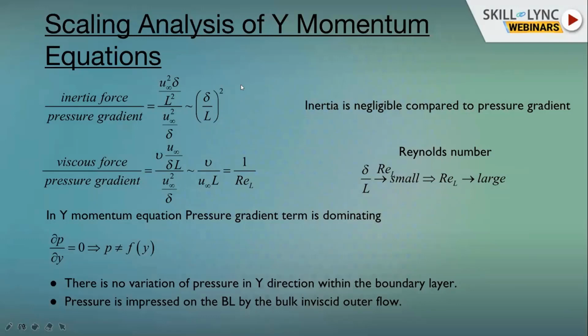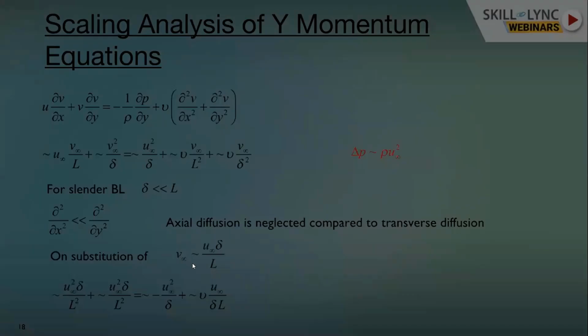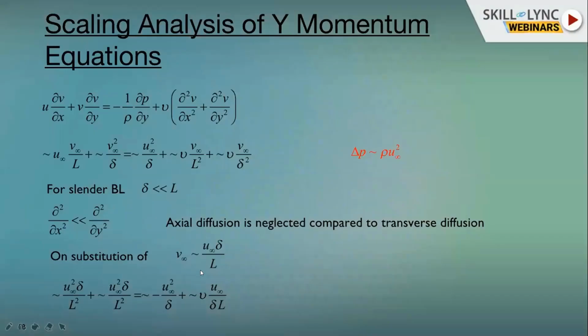So this term is 0, meaning the inertia term is quite negligible compared to the pressure gradient term. So in this y momentum equation, we can neglect inertia because it is of lesser magnitude compared to the pressure gradient. Similarly, let's compare the magnitude of the pressure gradient term and the viscous diffusion term.